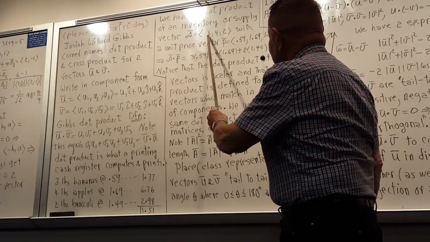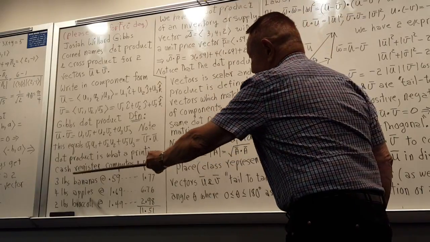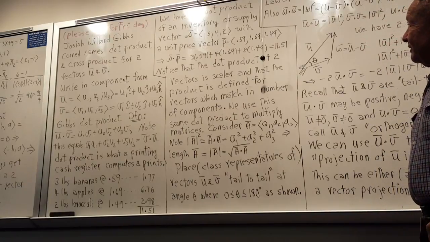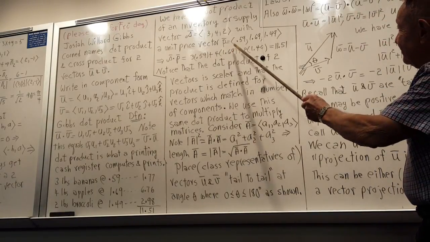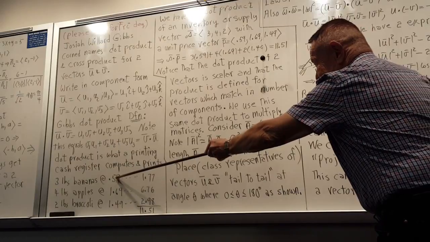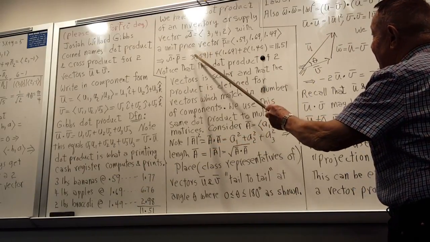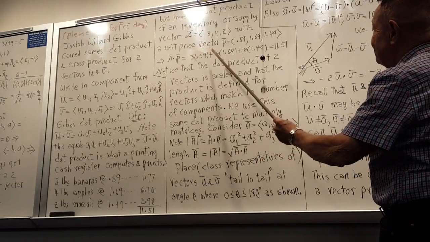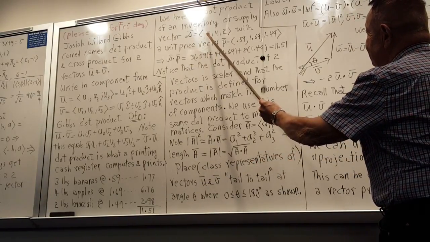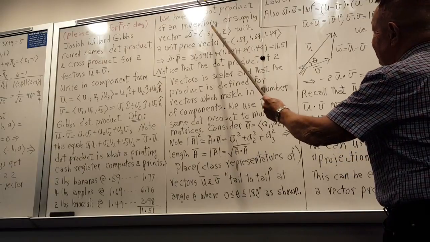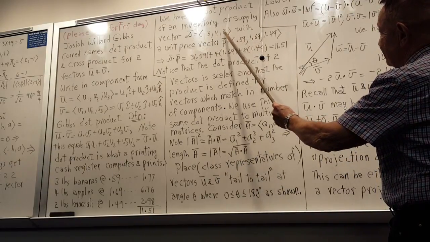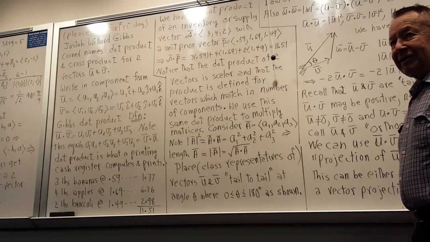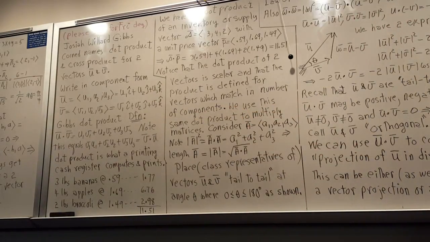And so it would be 3, 4, 2 for this little example. And the price per item or unit price vector would be the prices here. And you see what you're doing, what the cash register is doing, is this times that, plus this times that, plus this one times that one, and that's Professor Gibbs' dot product.